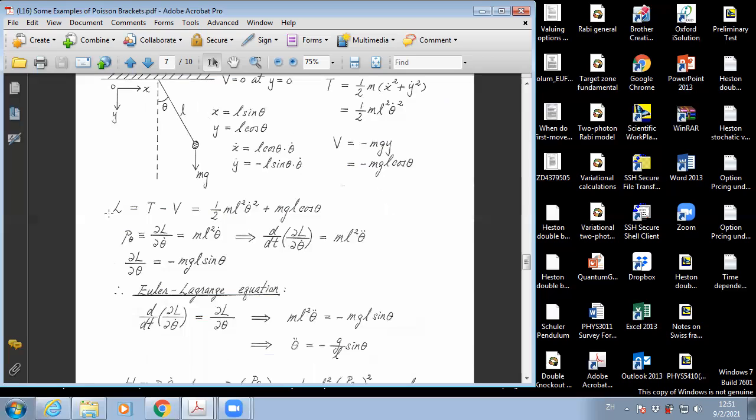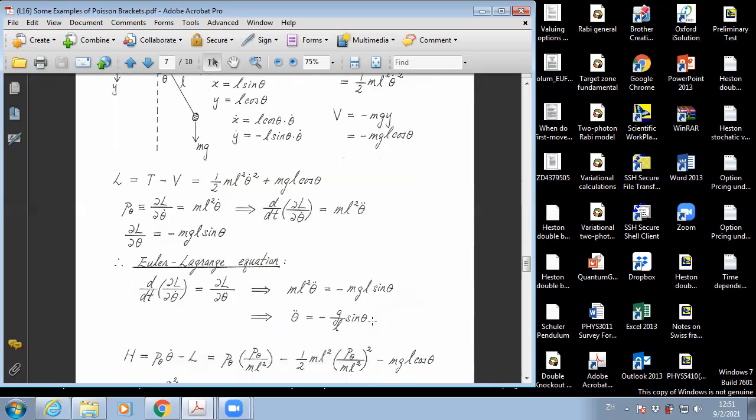So the Lagrangian can be written as 1/2 m l squared theta dot squared plus m g l cosine theta. And we can immediately write down the Euler-Lagrange equation of motion, theta double dot equal to minus g over L sine theta, all right? So this is the Euler-Lagrange equation of motion.